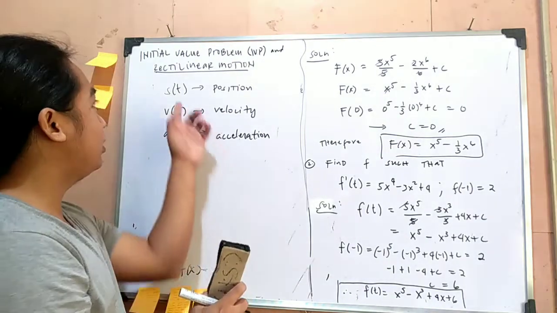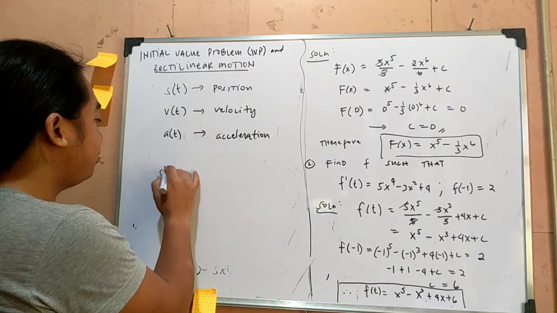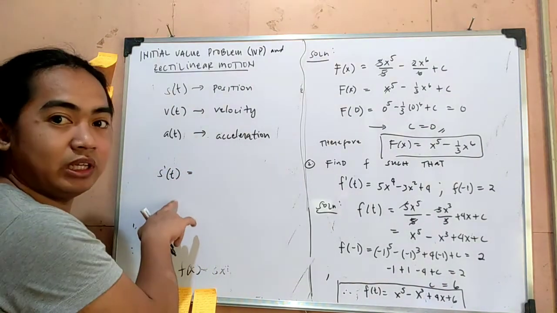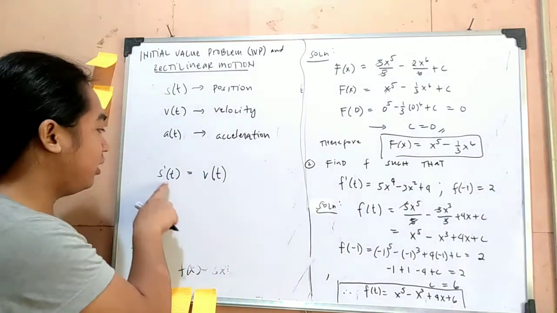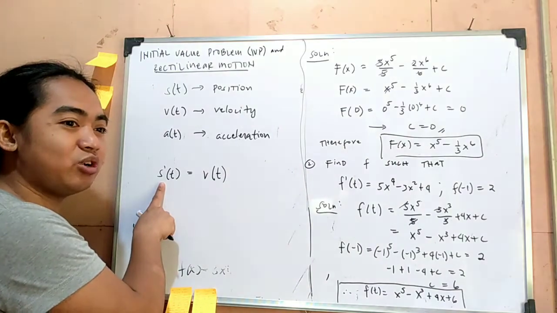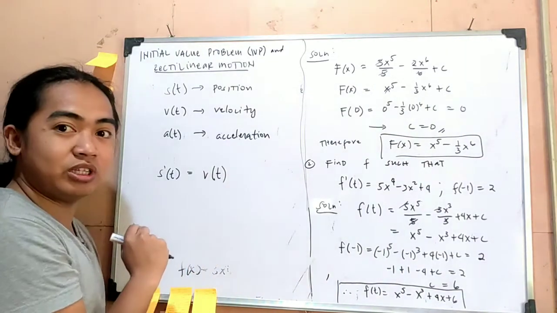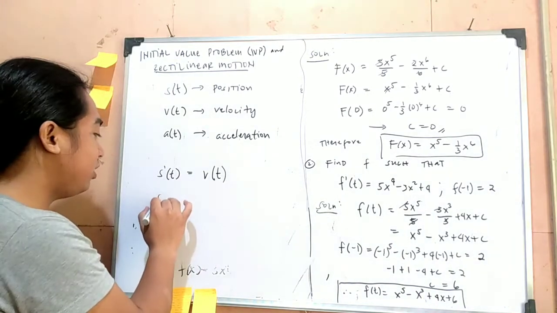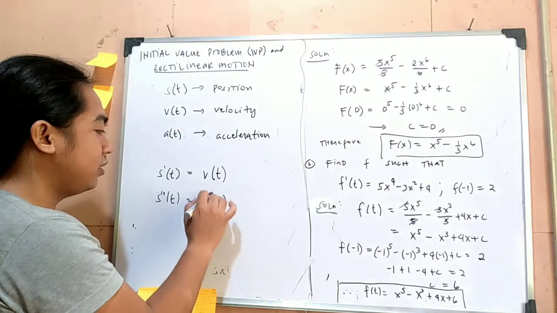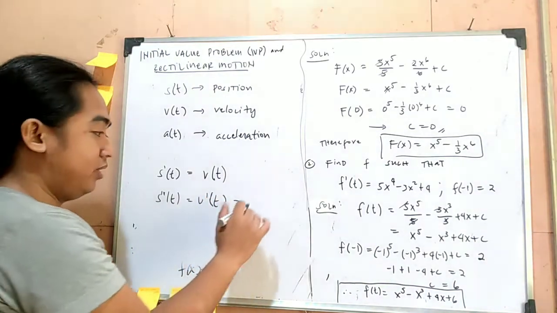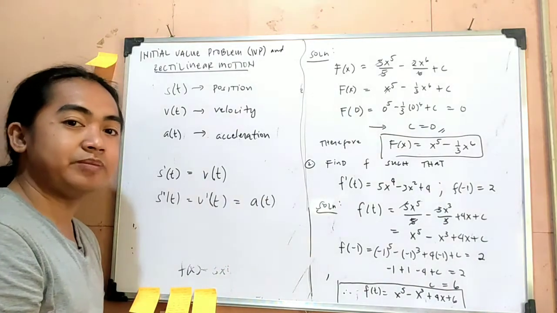Okay? So, ano yung relationship? Yung natural relationship niya is, when you take s prime of t, it will go to v of t. Kasi, ang s prime of t is ds over dt. So, change in position over time. And actually, velocity yun. And kapag kinuha niyo yung s double prime of t, which is equal to v prime of t, that will be the acceleration per time t.